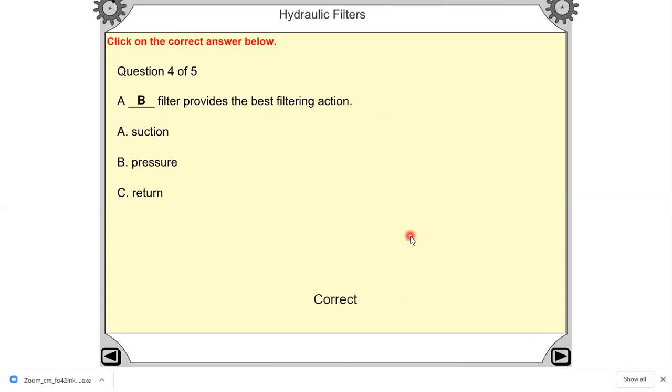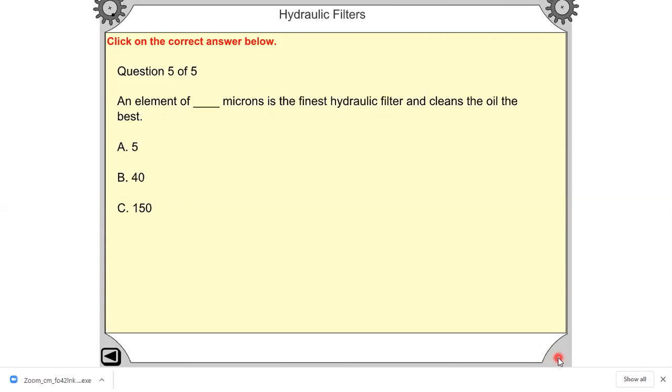It is the pressure line filter. Then an element of dash microns is the finest hydraulic filter. You have seen the finest hydraulic filter is the pressure line filter, and its mesh size is 5.